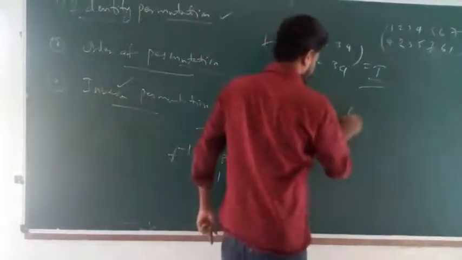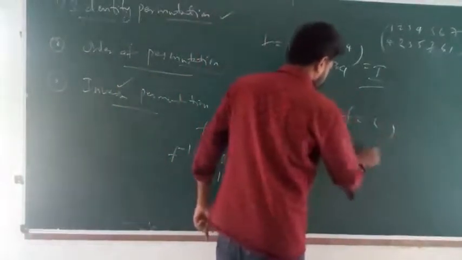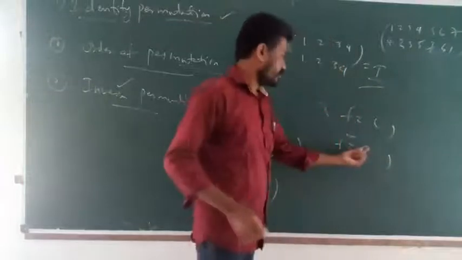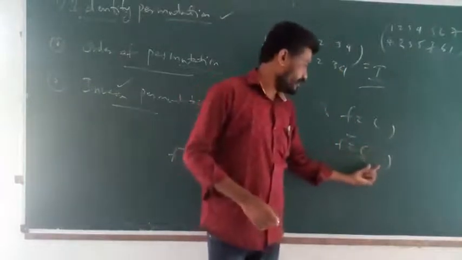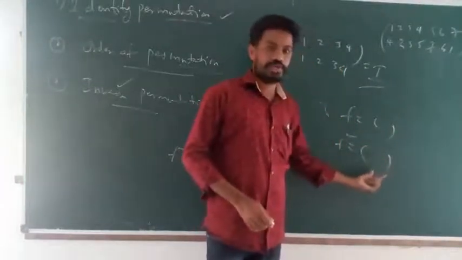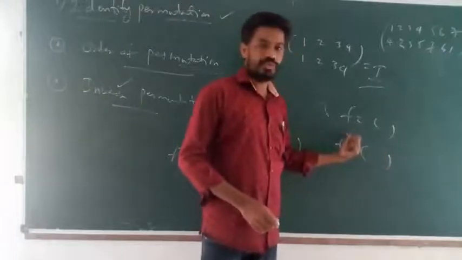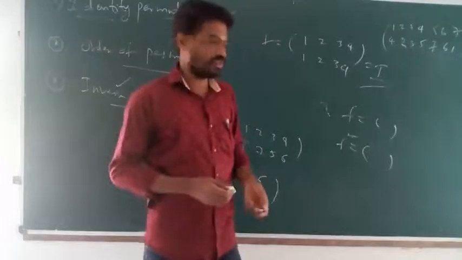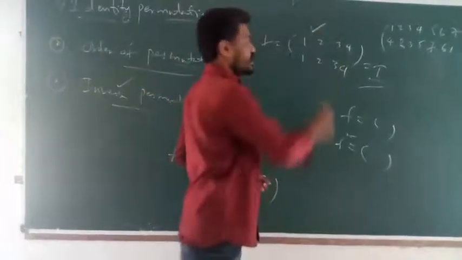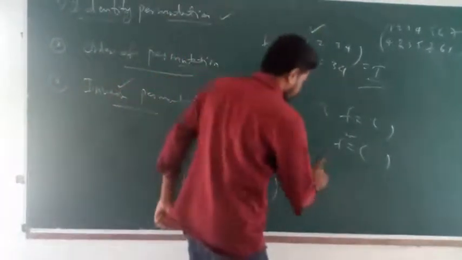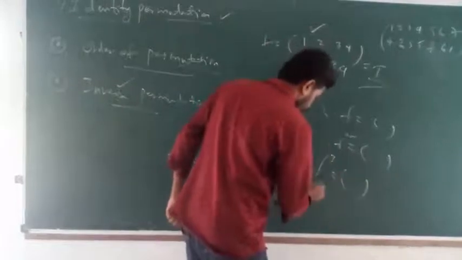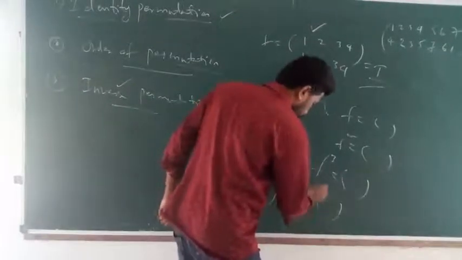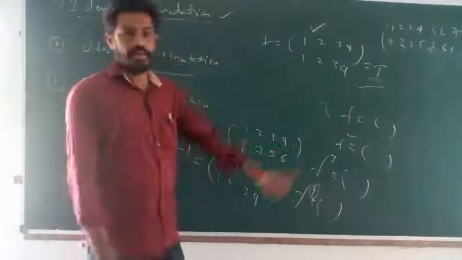Example: F is one permutation, and you can do F square. If the first row elements and second row images are equal, you can stop. If elements and images are not equal, it is not yet the identity, so you can do F cube and F to the power of 4. So this power is called the order.